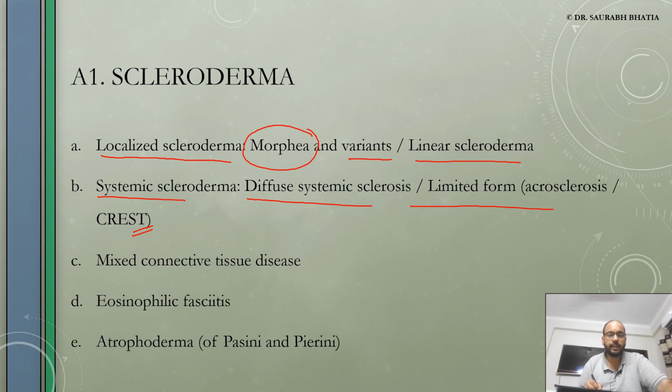I will not go into that. Scleroderma is also seen in mixed connective tissue disease, eosinophilic fasciitis, and atrophoderma of Pasini and Pierini. We will discuss each of these disorders very quickly, one slide each, to find out what exactly is happening in the pathology of scleroderma to show the sclerosing reaction pattern. Okay, let's move forward.